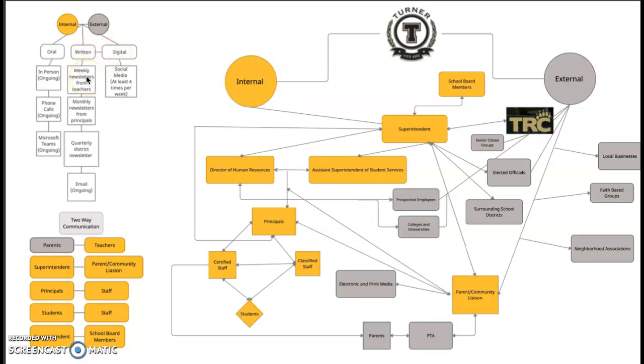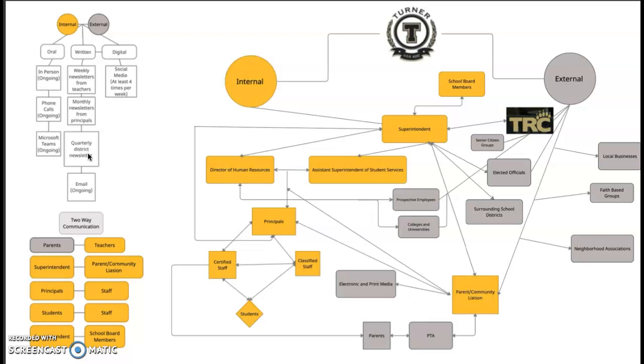So weekly newsletters from teachers are all sent home via email in a digital format or posted on their Schoology. Monthly newsletters from principals also go out through email to parents. The quarterly district newsletter is sent to every address in the zip code that Turner belongs to, and any of the external publics also receive that quarterly newsletter.